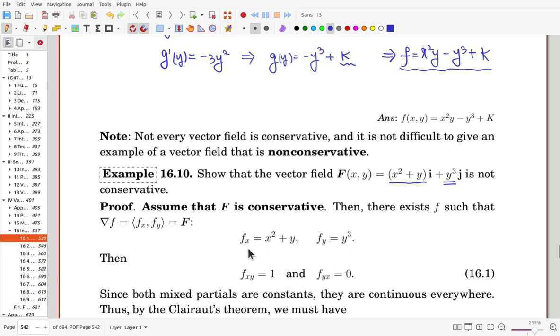Now we apply the y derivative for that one, and then it must be 1. If we apply the x derivative, then it is 0. Now f sub xy is 1, f sub yx is 0. These are continuous.